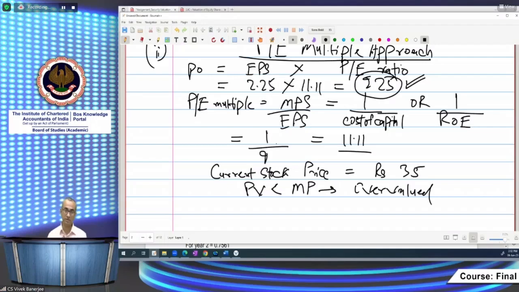That is why the earning based model is followed. And here in the question, the EPS is given. So it can be very well assumed that the company is not following the practice of paying dividend regularly. It is practicing the policy of retaining its earnings and investing them in profitable growth opportunities. That is why cost of capital and return on equity can be taken interchangeably in this question.